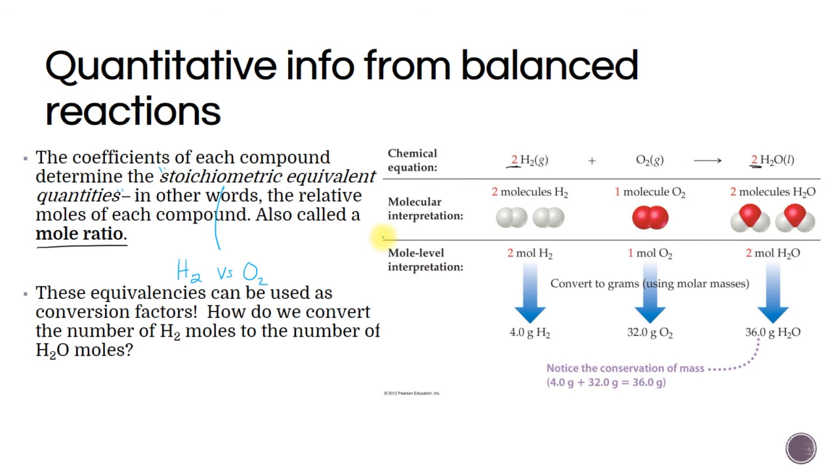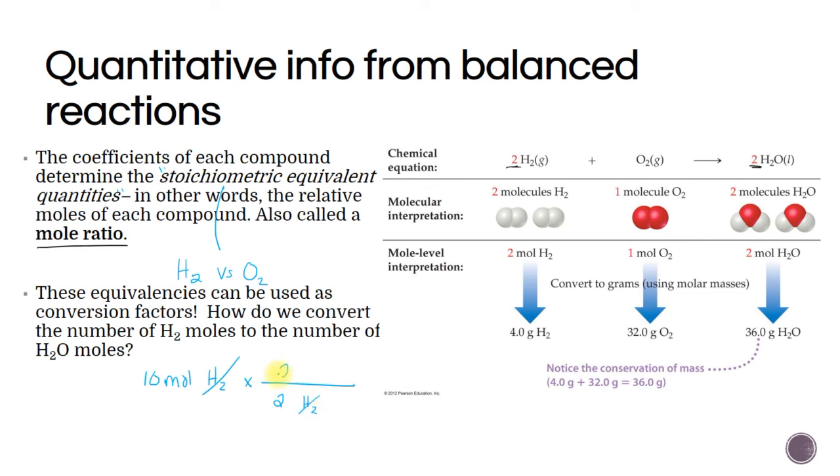As it turns out, I can use these coefficients as equivalence factors. So if, for example, I had 10 moles of H2 and I wanted to know how much water is being made, all I have to do is look at these coefficients, and I put H2 on the bottom because I'm trying to cancel it, right? Trying to get rid of that.